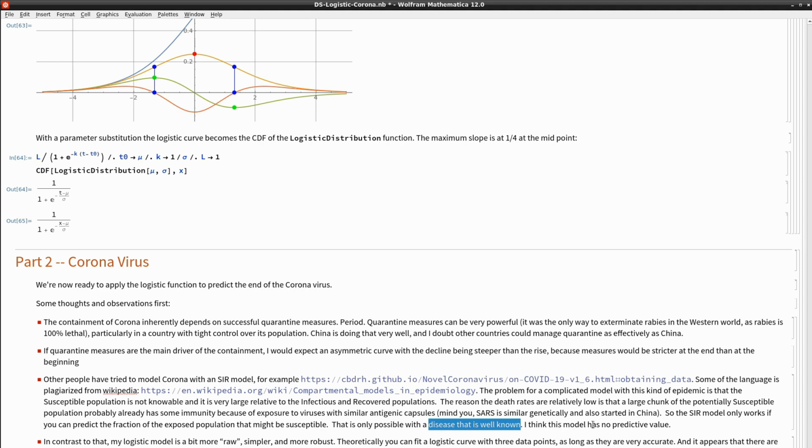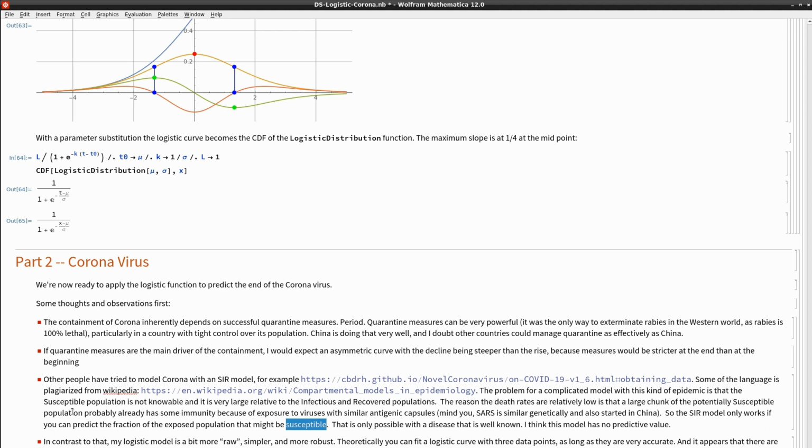And that's why I think this model really has no predictive value. I would not approach this from the perspective of an SIR model. I think this would be the wrong way to do this, because we don't understand corona enough that we can model this susceptible population properly.